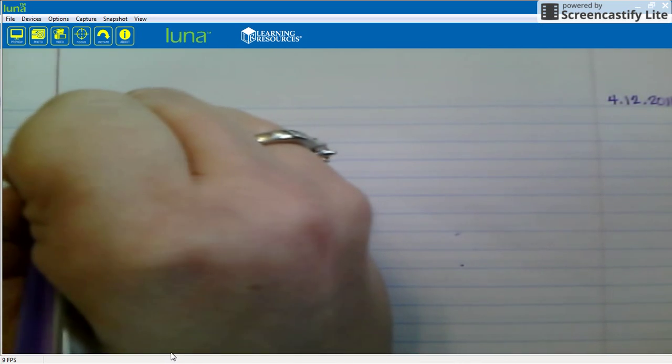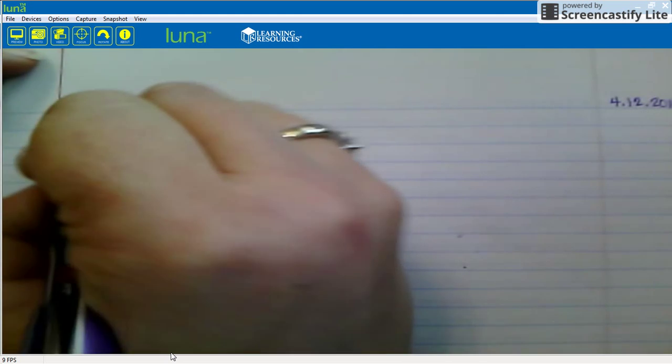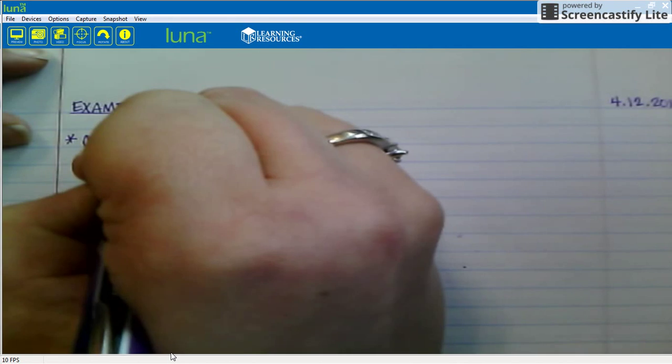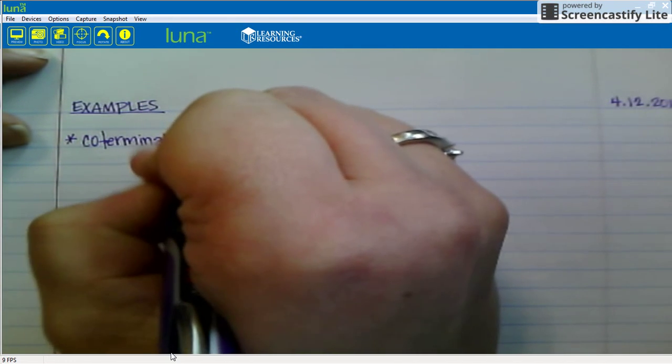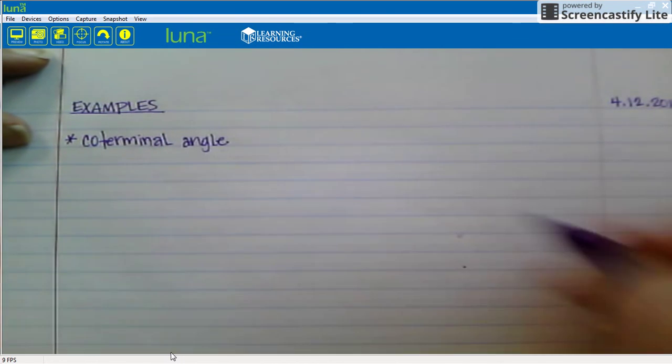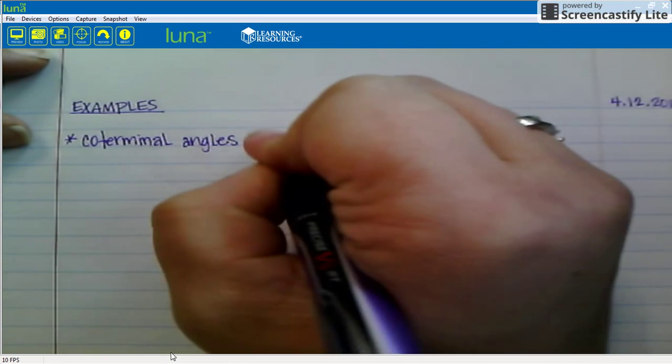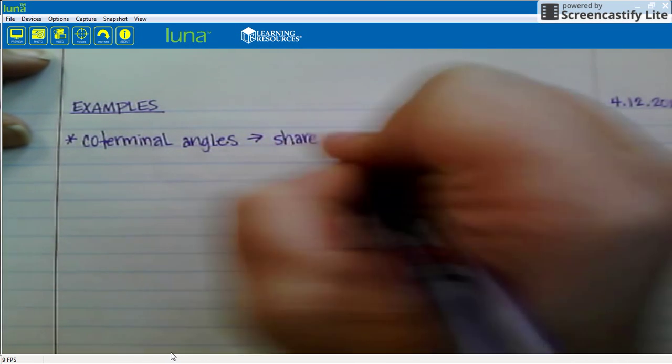So to touch on that very quickly before we get started with the examples, coterminal angles share a terminal side.